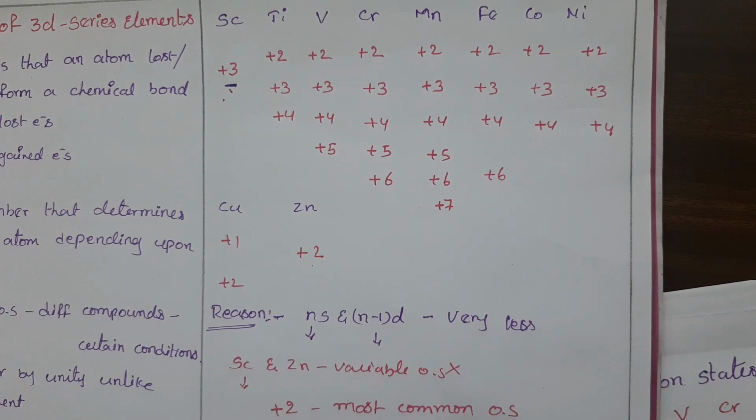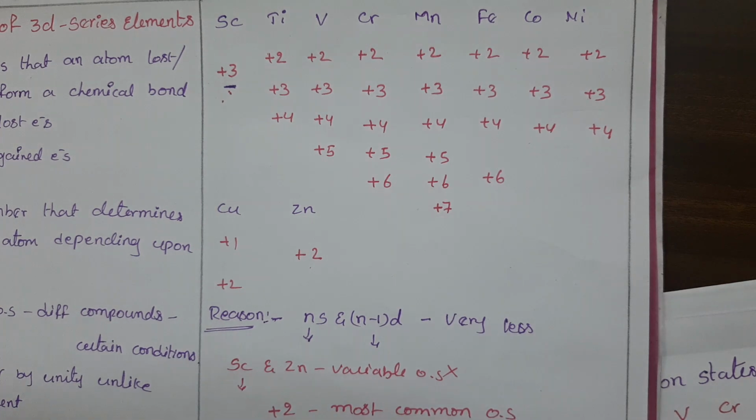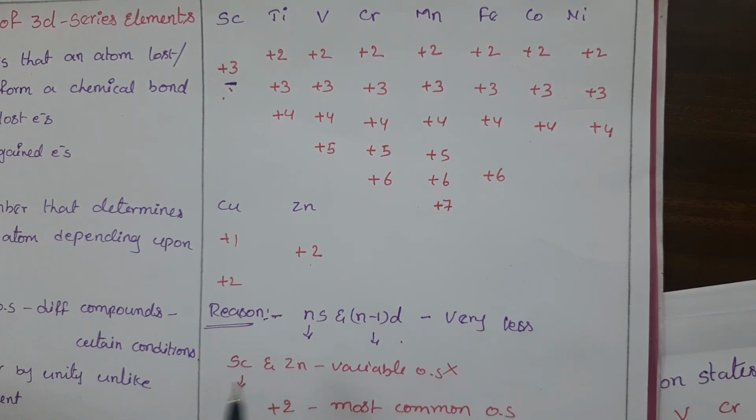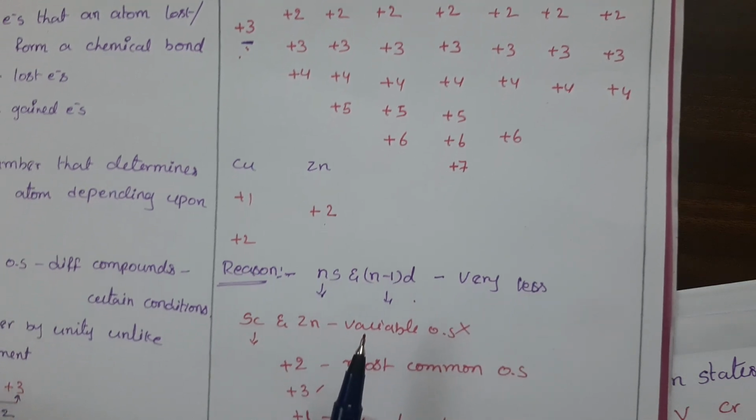The reason why the D block elements show variable oxidation states is that the energy difference between ns and (n-1)d orbitals is very small. So both the valence shell s electrons and the penultimate shell d electrons are involved in bond formation.